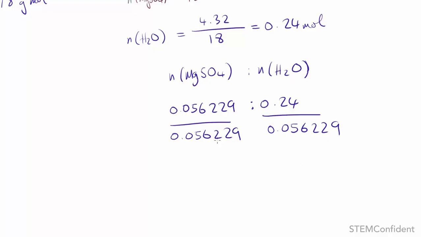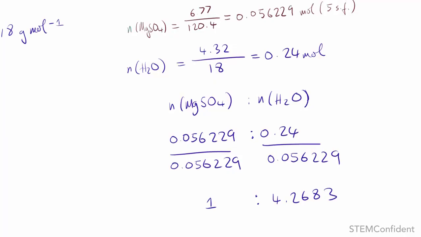And once we've done that, what are we going to get? Well, on this side, of course, we're going to get a 1. But then if you have a go at calculating that and see what you get, you should find that you get 4.2683, and that's to 5 significant figures.